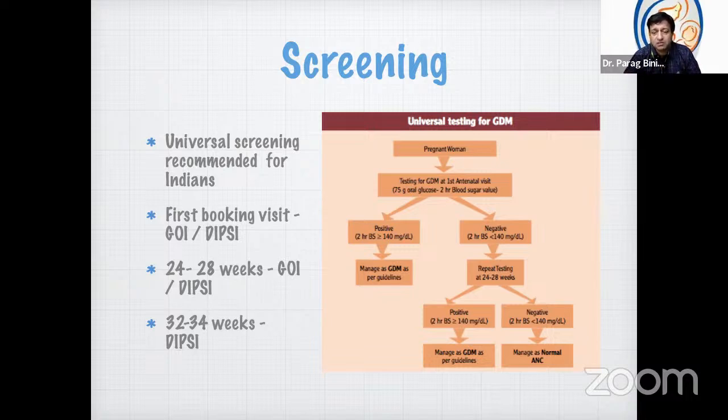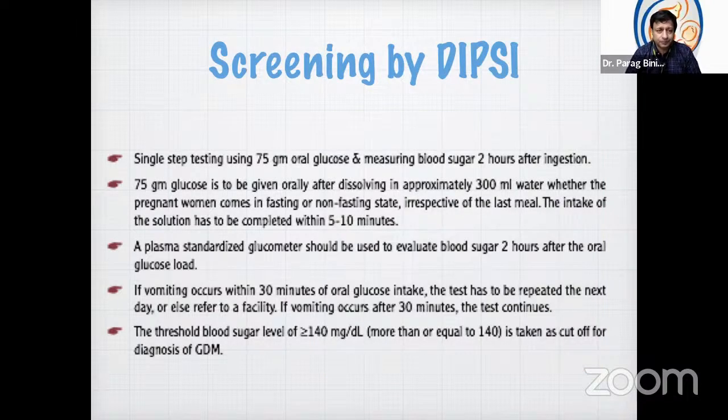If it is negative, repeat testing at 24 to 28 weeks. If it is negative again, manage her as a normal antenatal case, and a third testing would be really important in order to detect the late cases which show hyperglycemia in pregnancy.